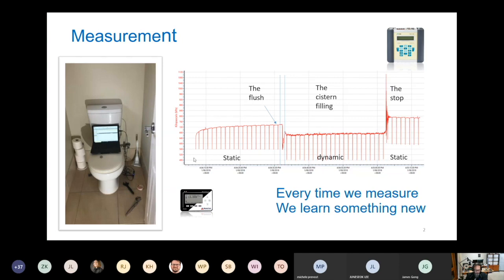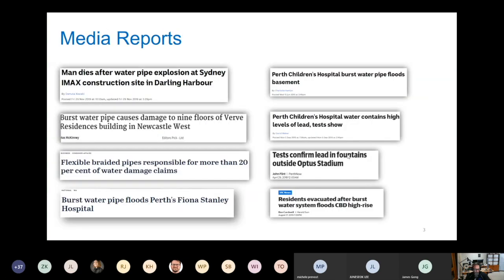And this is my brother's house, and it reached 1,000 kPa transient when the cistern filled. But what was more interesting was the 50-odd 160 kPa pressure drops that were occurring about every second for about 2/100ths of a second. So every time I measure something, I find something new.